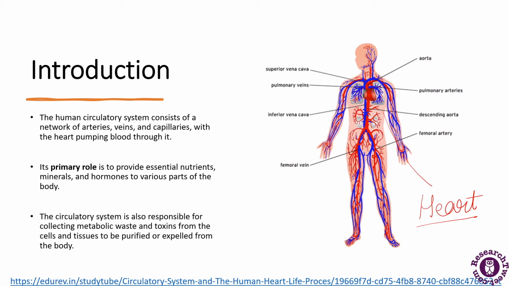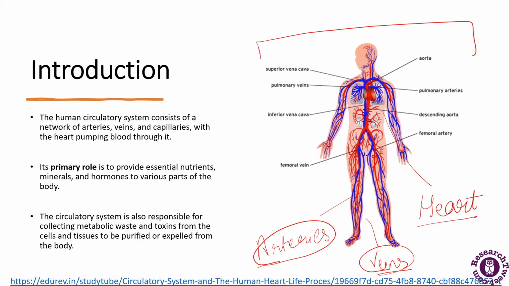These are represented in red and blue. The red part is the arteries and the blue part is the veins, because arteries carry the oxygenated blood and veins carry the deoxygenated blood. So these are the main parts of the human circulatory system.